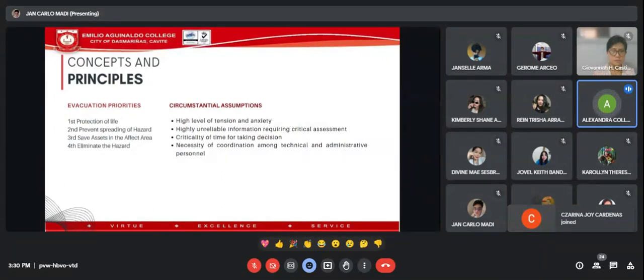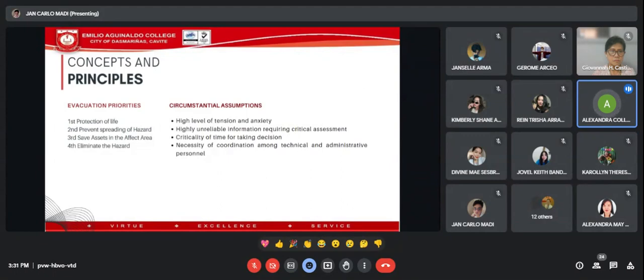So, sa mock drills po kasi, importante na malaman natin kung sino po yung mga involved doon. So, hindi lang po yung mga taong vulnerable sa isang community ang involved sa isang mock drill. Kasama po dyan yung mga responders, kasama po dyan yung mga administrative personnel.